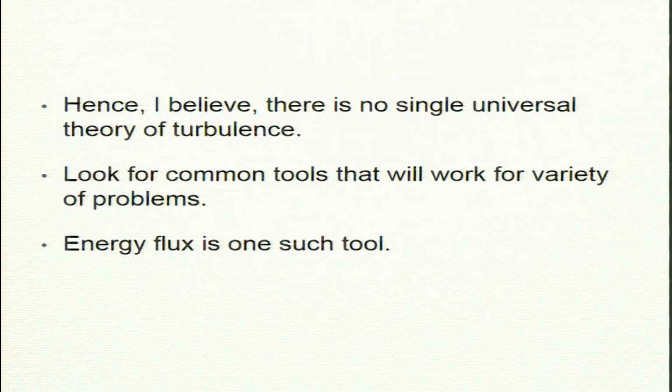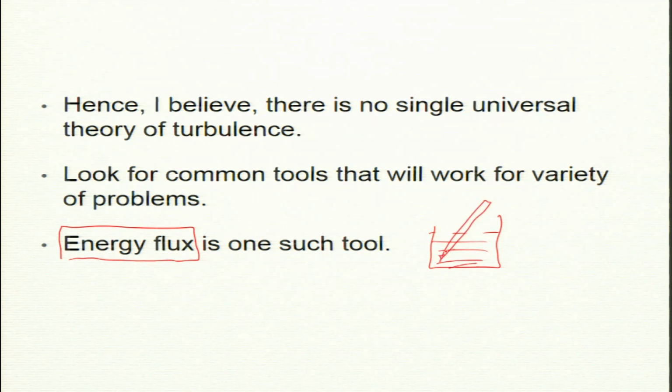One such tool is what is called energy flux. One example which is given is that you take a bucket of water and stir this water with a rod. I supply energy at what scale?